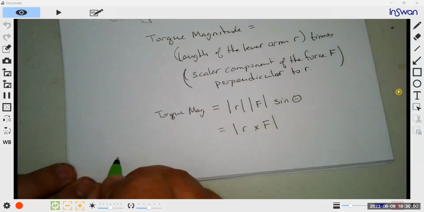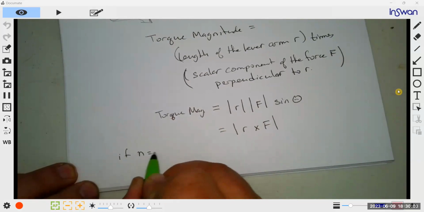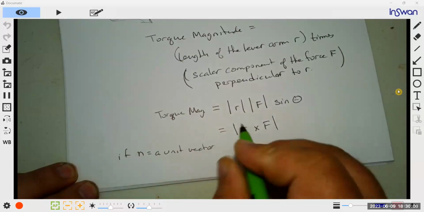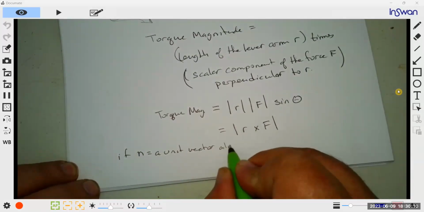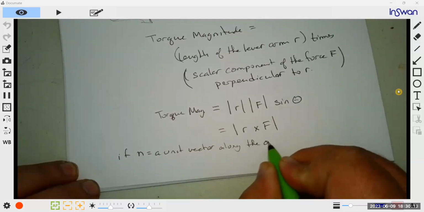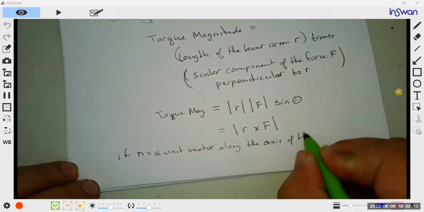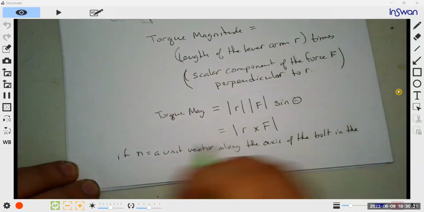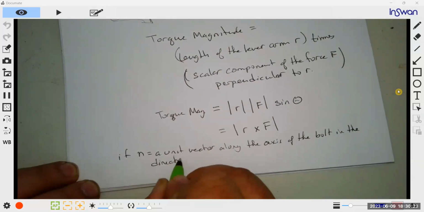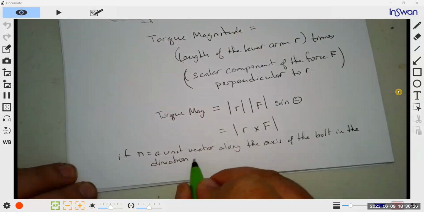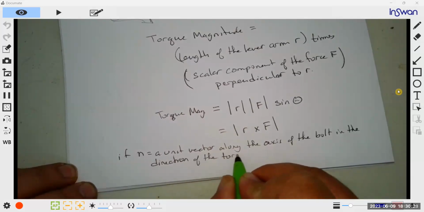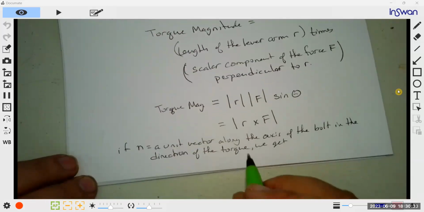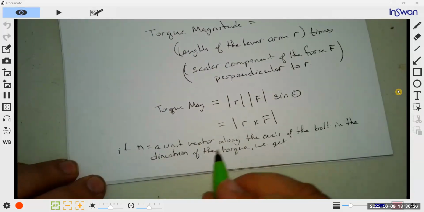Like earlier, if n is a unit vector along the axis of the bolt in the direction of the torque, then we get this formula.